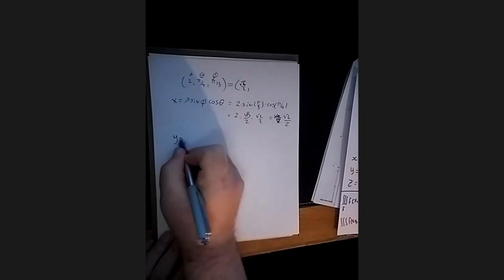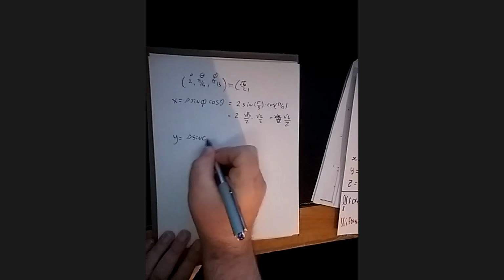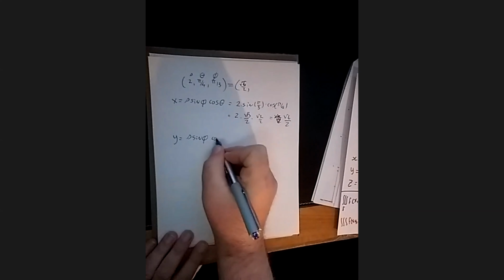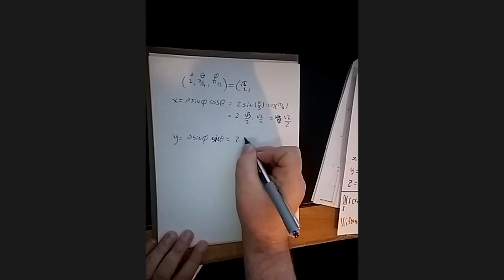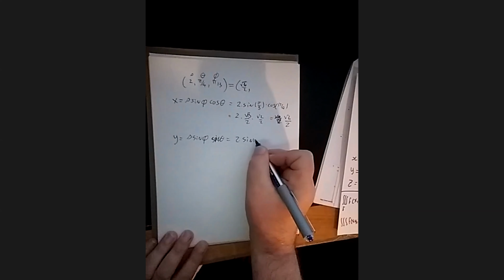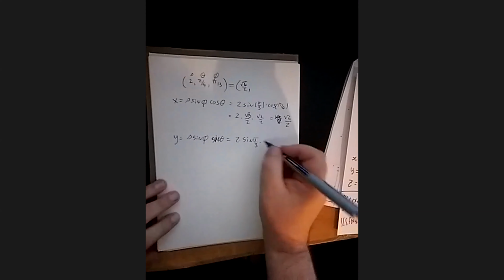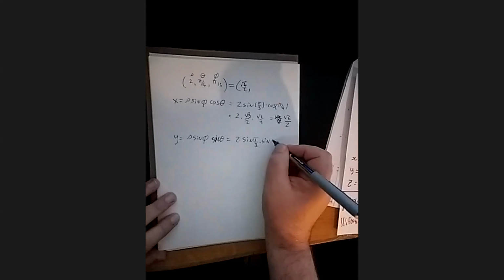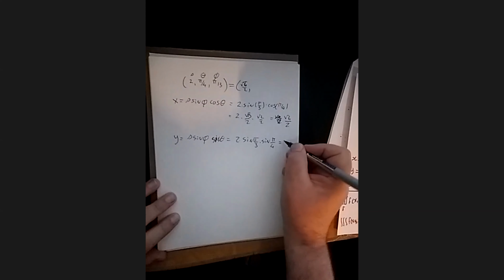Now the y coordinate. Rho sine phi sine theta: 2 times sine pi over 3 again, times the sine of pi upon 4, and by sheer coincidence, same guy.